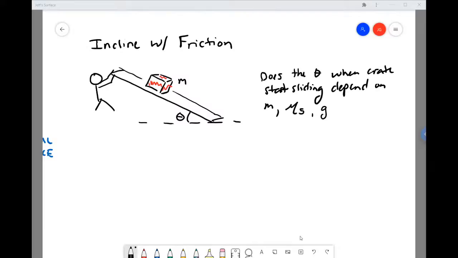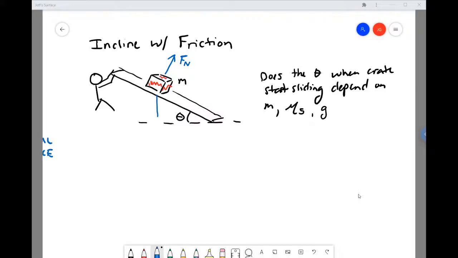Well, let's proceed. This is a problem that involves forces, so we should always start with a free body diagram. Let's use F for force vectors. We have a normal force.